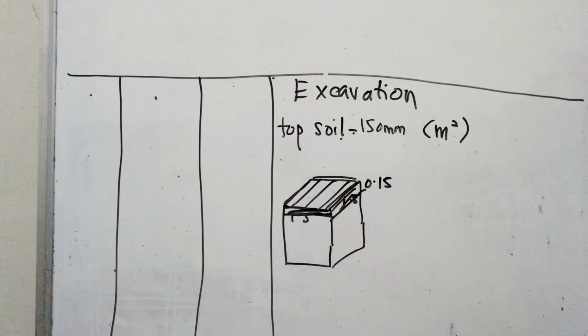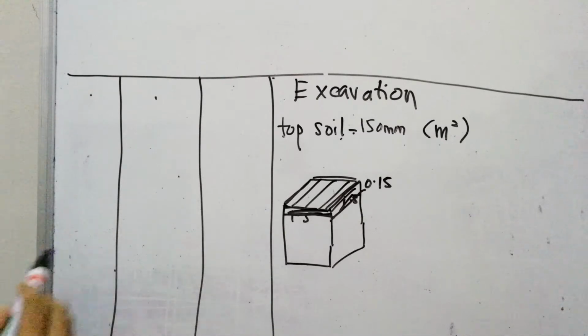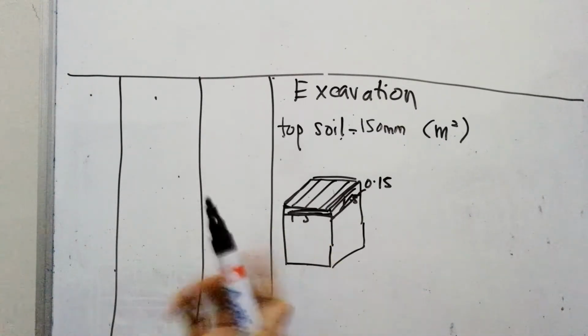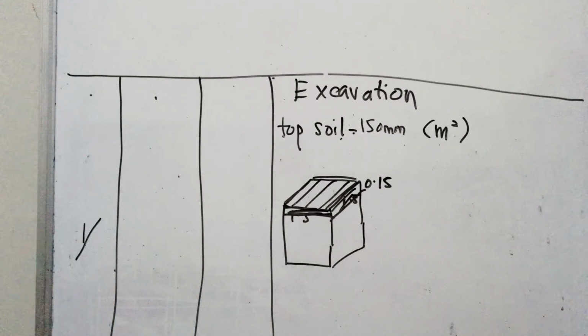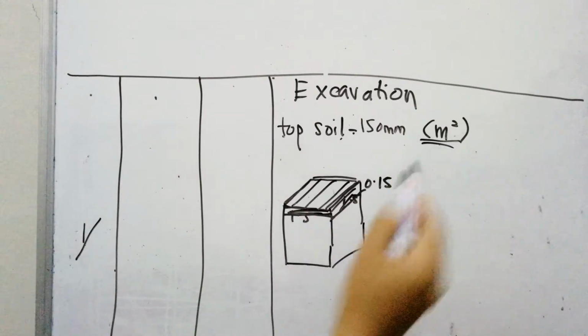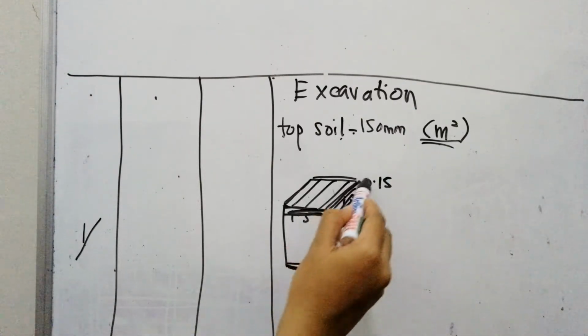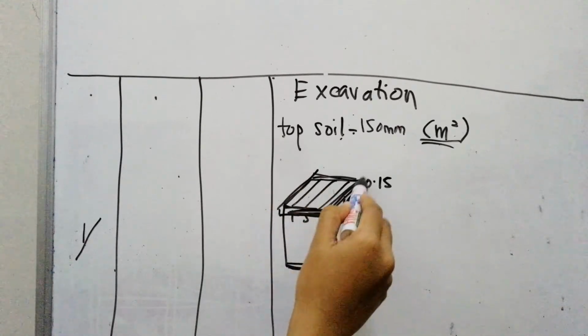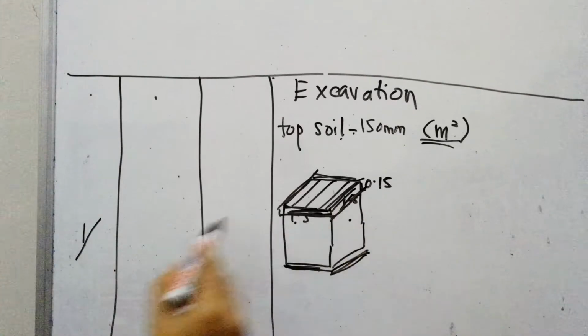What you need to do is write, in the column, the number of structures. In this case, 1. The area where you want to remove your topsoil is the size of your pad footing, which is 1.5 by 1.5.